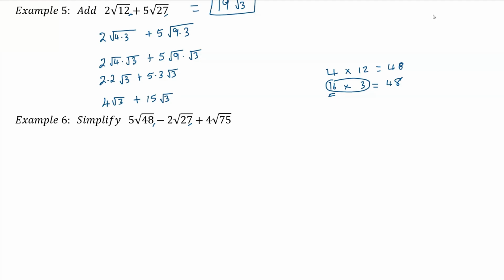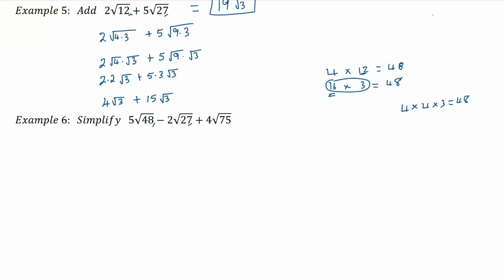You just have to do the work twice because 12 can also be broken down. So it actually would be 4 times 4 times 3, right? Because 12 is 4 times 3. And so you end up taking the square root of 4 twice. And that would end up being more work, right? So if you realize that there are two perfect squares, then you take the larger one. If you don't realize, then you just do the smaller one twice.